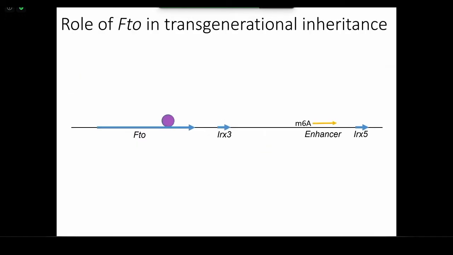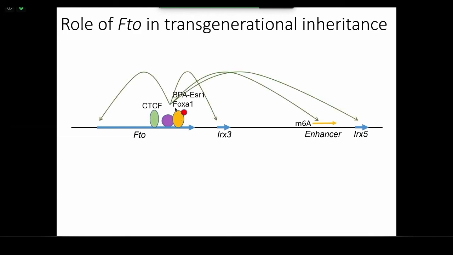So I'm going to finish here, just leave you with this message. This is the FTO region, IRX3, IRX5. We think that what happens is that FOXA1 binds in this region, and BPA binds to the estrogen receptor, and there was a binding site in this region, and it binds during germline development, and then recruits CTCF, and that increases interactions in the germline with the adjacent genes.